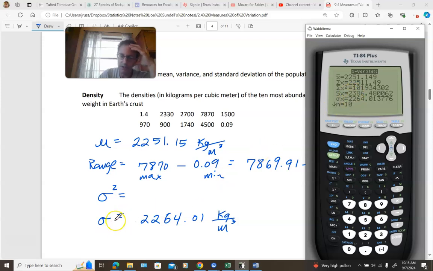But you can take the standard deviation and you can square it. So if I were going to do this using my calculator, I would want to use more of these digits past the decimal place just for greater accuracy. So I might say 2,264.0138, something like that. And I'm going to square this now. I'm going to enter, and you're going to get a big number for the variance.